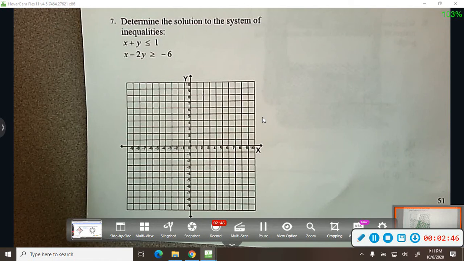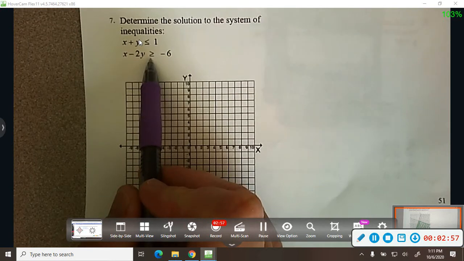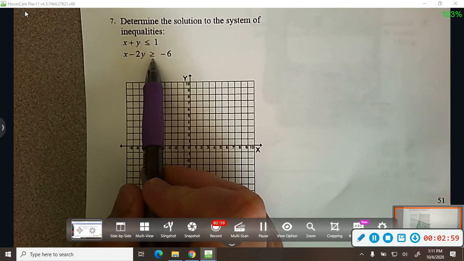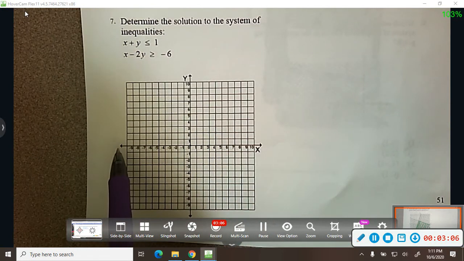Now I'm supposed to determine the solution to the system. There's not going to be just one solution, because we have a less than or equal to sign and a greater than or equal to sign. So there's going to be quite a few solutions.